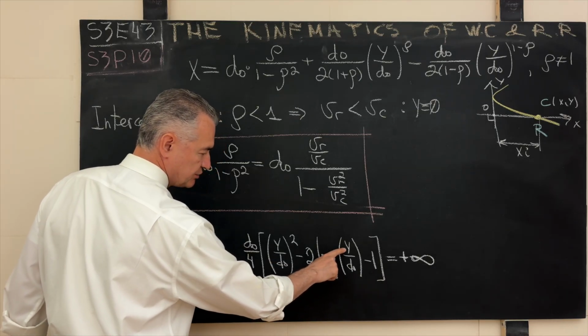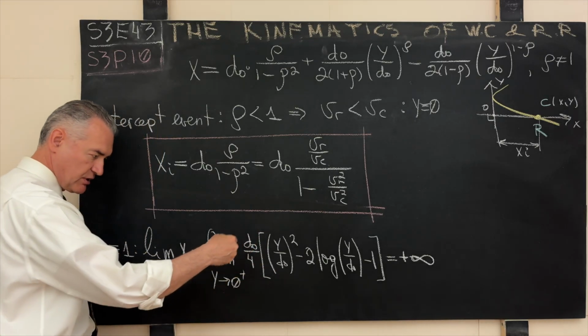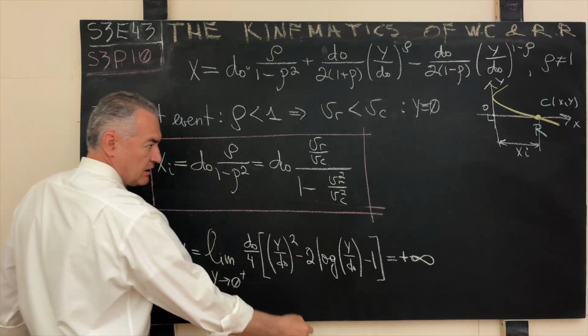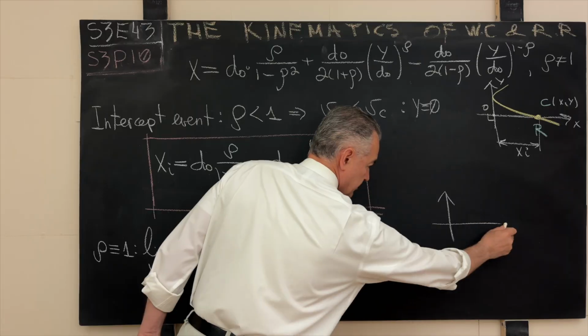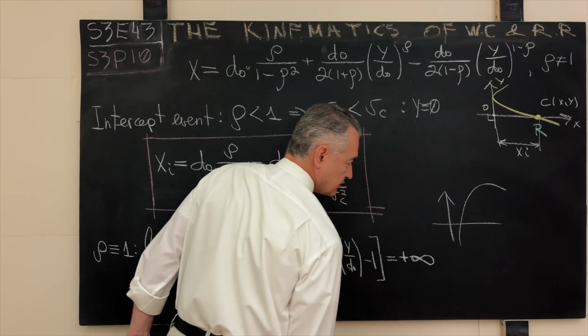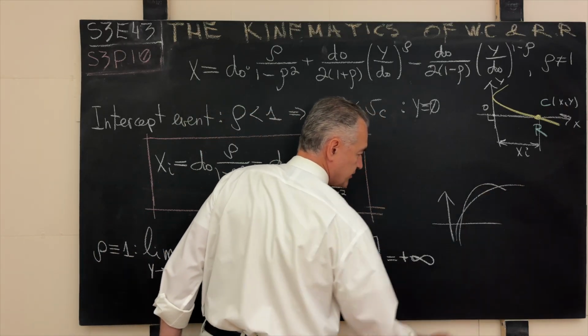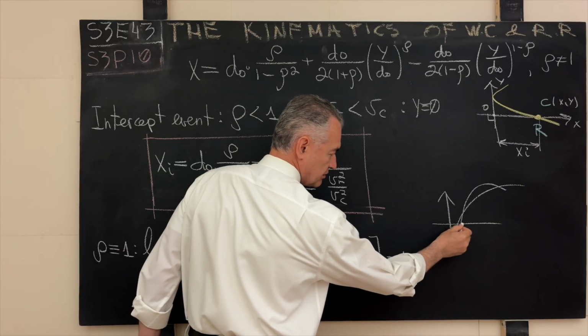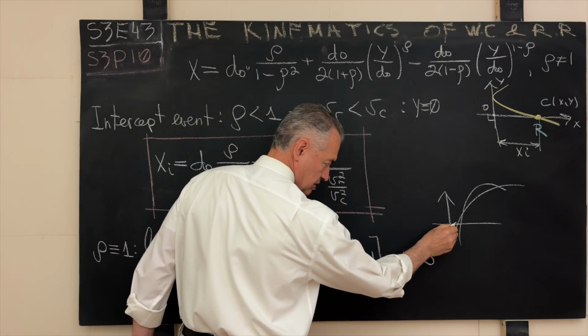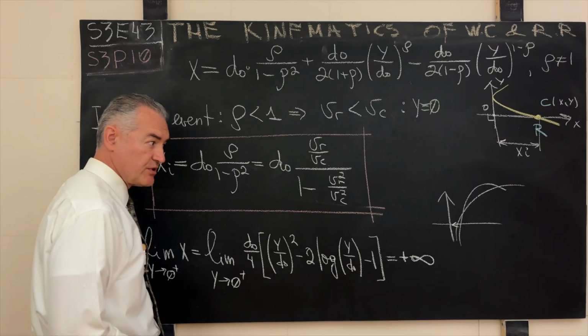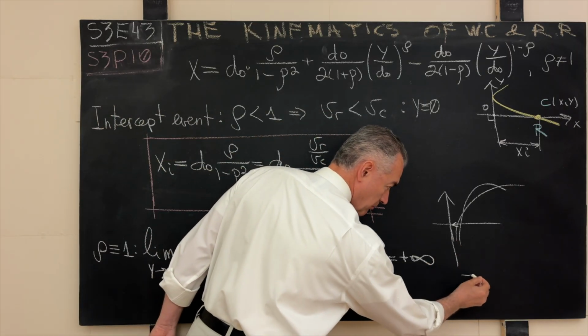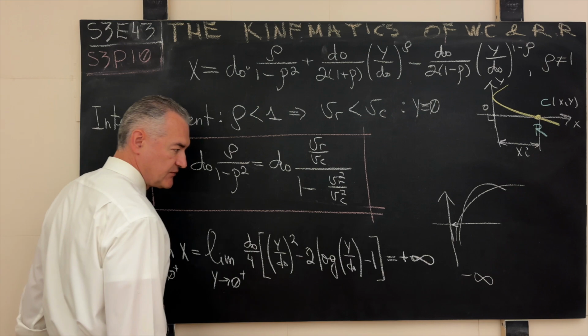When y tends to 0 from above, from the right or from the top, let's say, remember the graph of the logarithm, it goes this way. So when the argument here approaches 0 from this side, then the value goes to where? To negative infinity.